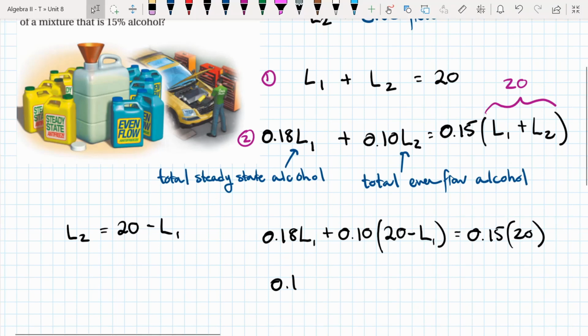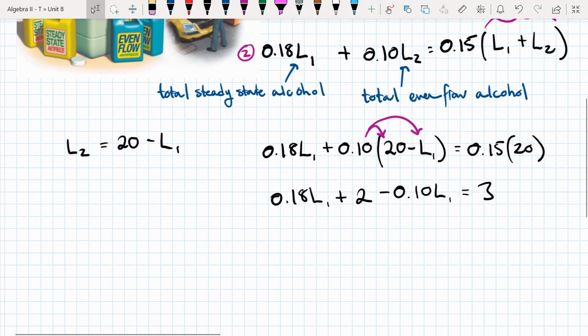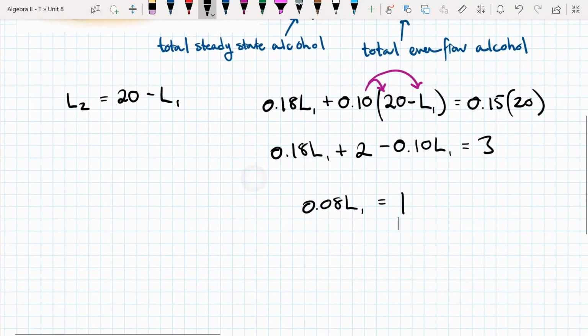So 0.18 L1 plus, we're going to distribute the 0.10 to both these terms. Well, this is 2 minus 0.1 L1. 0.15 times 20 is going to be 3. And now let's do a little bit of math here. So 0.08 L1 is equal to 1. And I'm going to divide by 0.08.